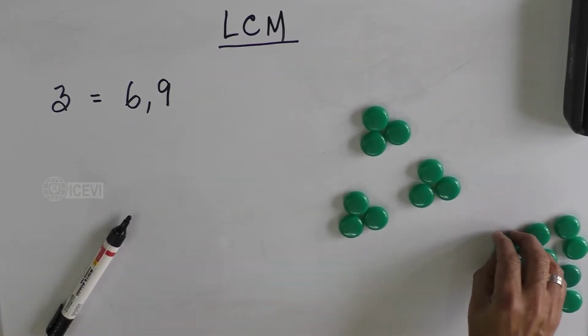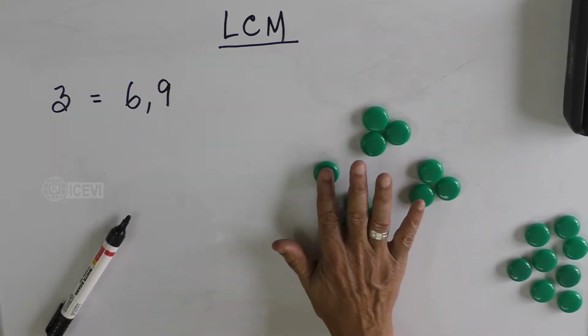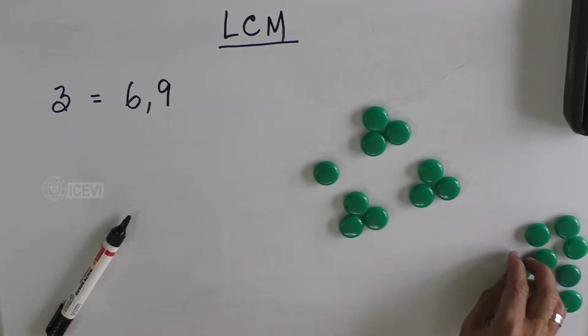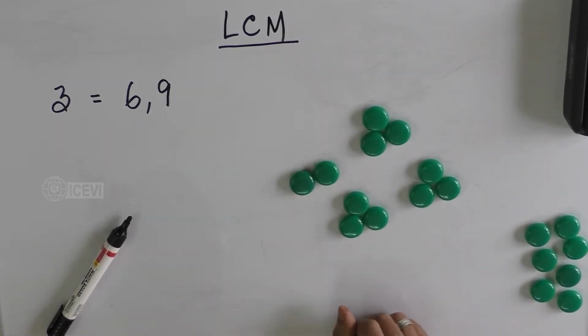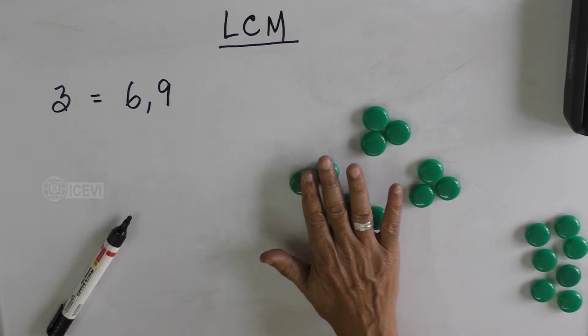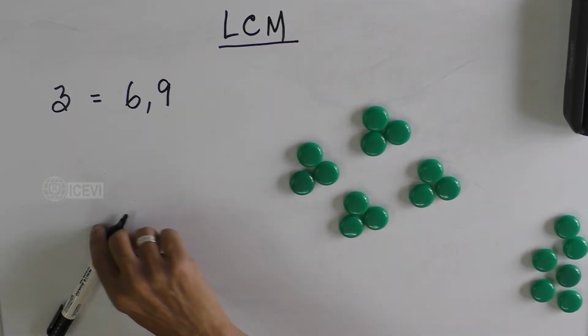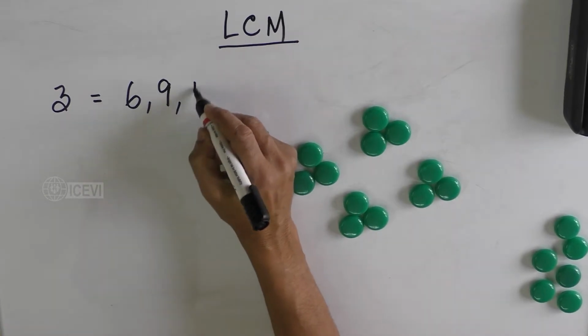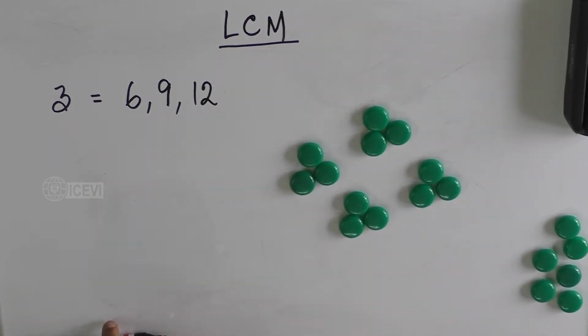Now what about 10? Now you have 10 together, but there is a remainder. So 10 is not a multiple. What about 11? The remainder is 2. So 11 is not a multiple. What about 12? Yes, 12 is a multiple. So 12 is a multiple of 3. Right?